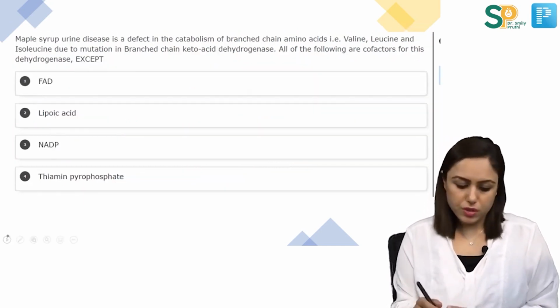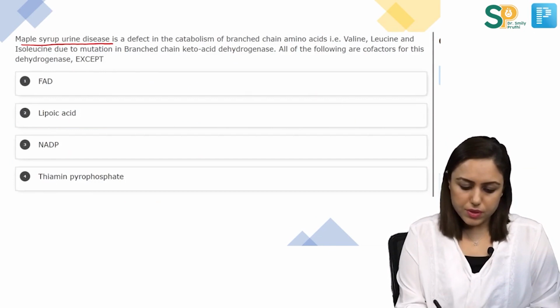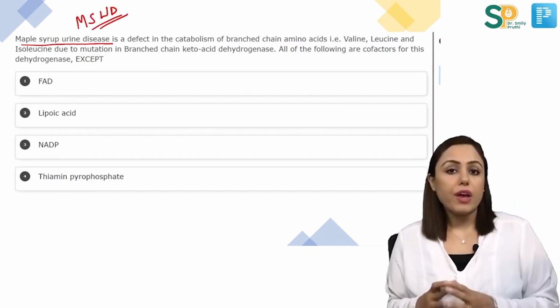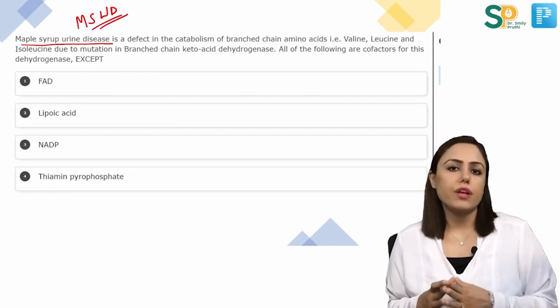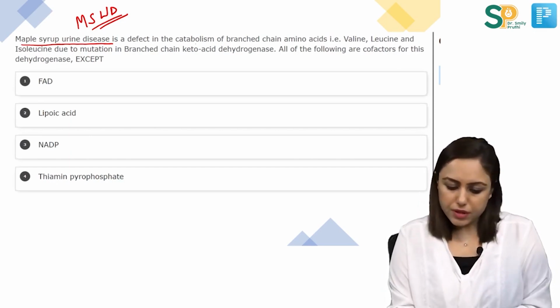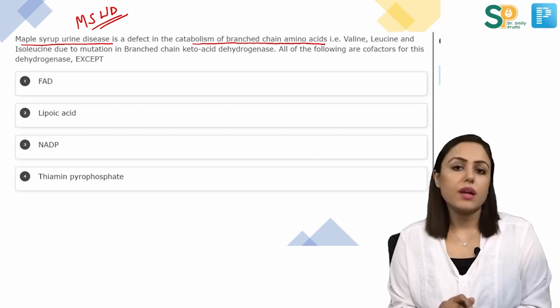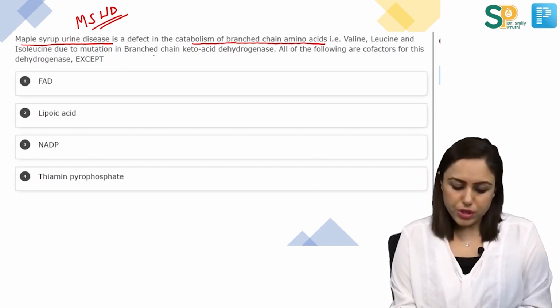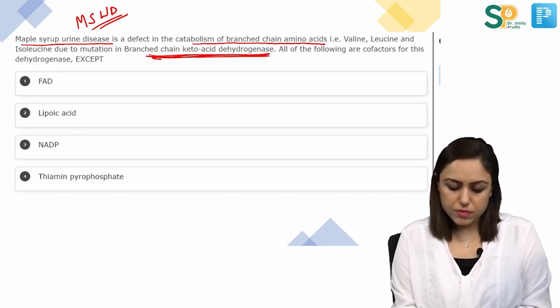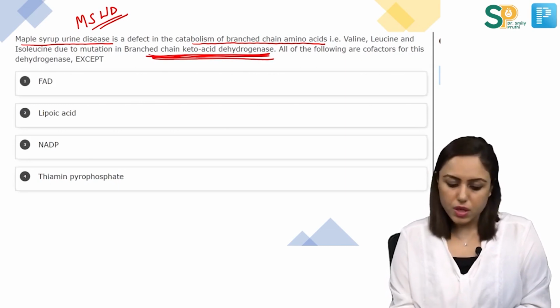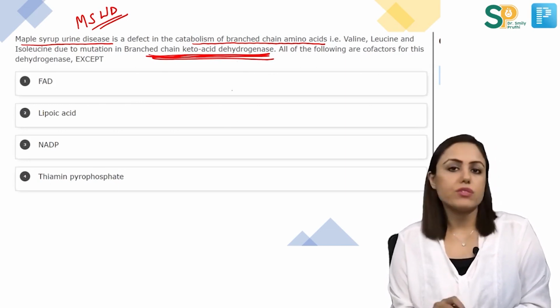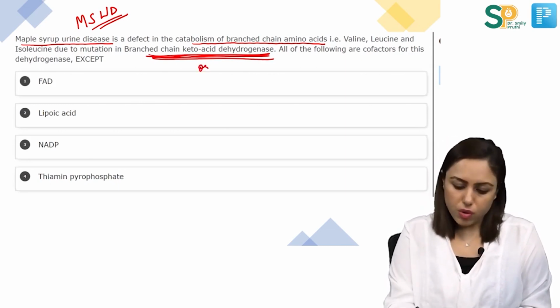Coming to the next question, maple syrup urine disease, MSUD, where the patient has a burnt sugar-like odor in urine. It is a defect in the catabolism of branched chain amino acids, that is valine, leucine and isoleucine, due to mutation in an enzyme. Which enzyme is defective in MSUD? It is branched chain alpha keto acid dehydrogenase or decarboxylase.